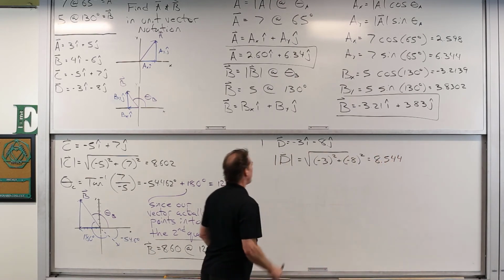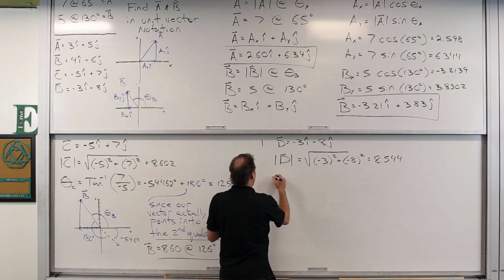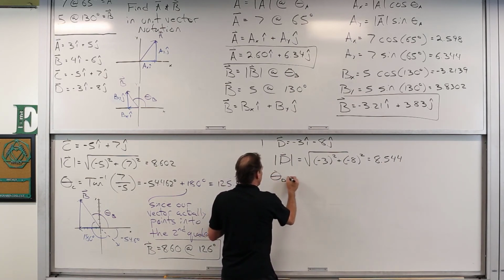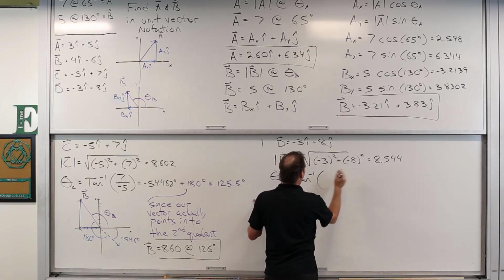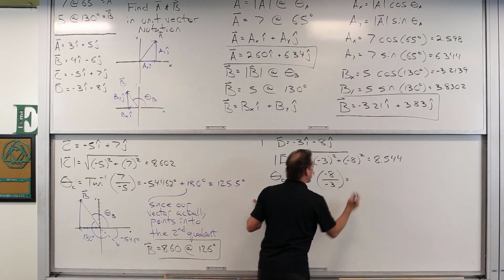So there's the magnitude of our d hat, and then what do we want? We want the angle. Theta sub d is equal to the arctangent of the y component, -8, divided by the x component, which is -3.